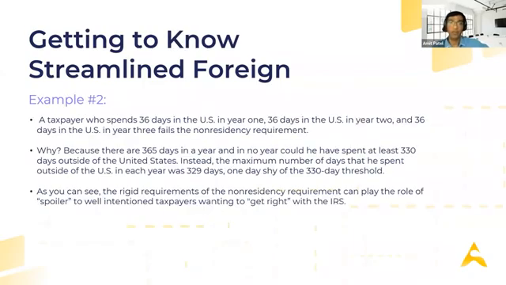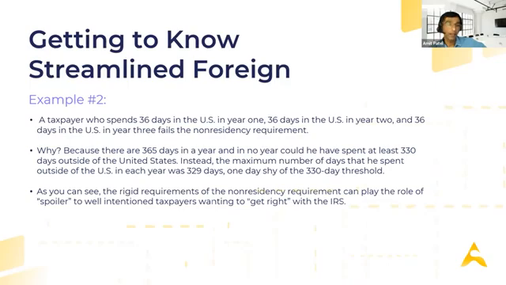Let's change the example a little bit. Say a taxpayer spends 36 days in the US in each of these 3 years, so in 2019, 2020, and 2021, that person stays in the US for 36 days.